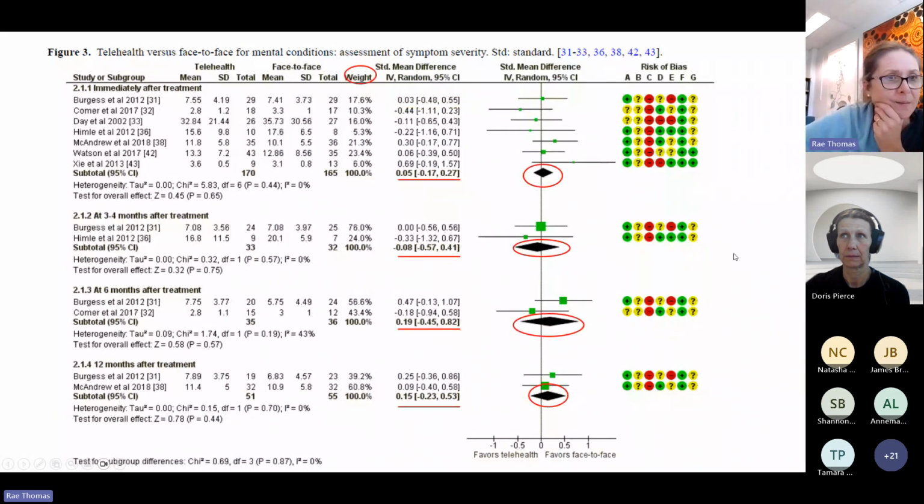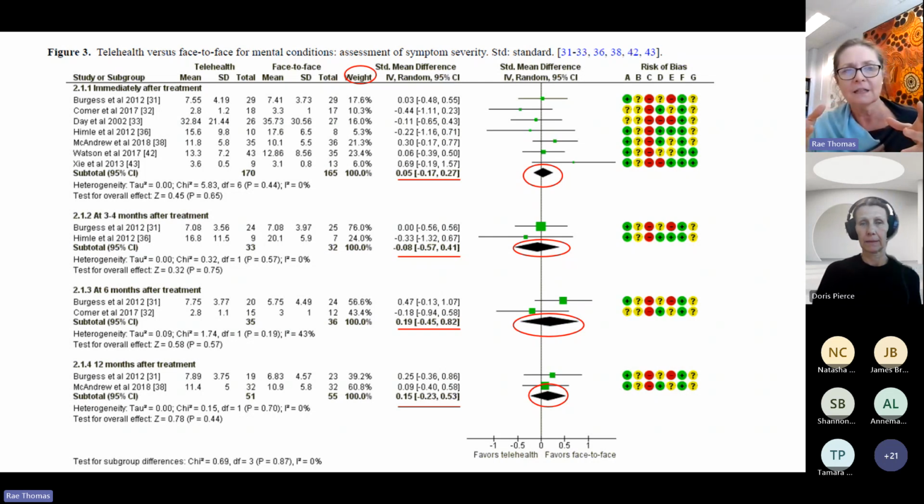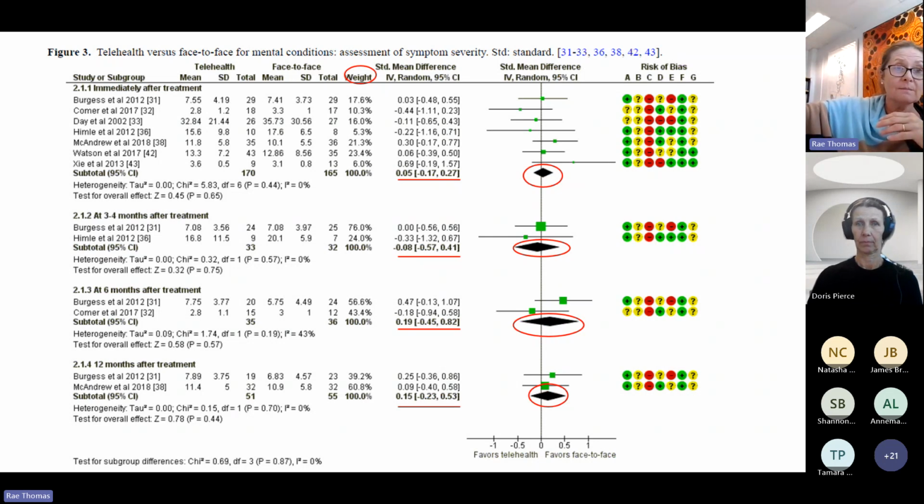You need to know what the diamonds are, right? So the diamonds are the pooled estimates, right? That means it's taken all those green dots and pooled them, and it's become a diamond now. And the center of that diamond is the pooled estimate. Scooch over to your left to the underlined numbers, and the center of that diamond is 0.05.